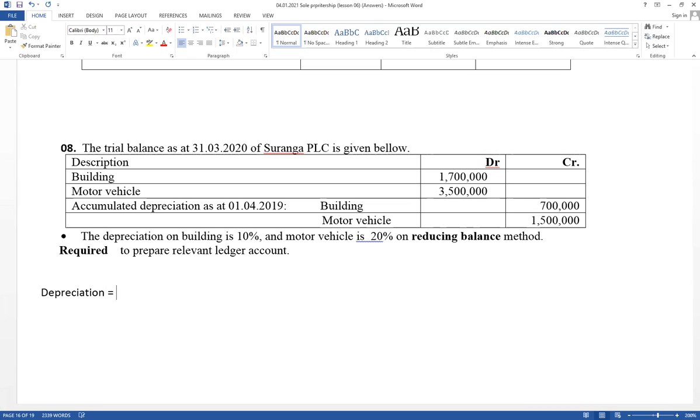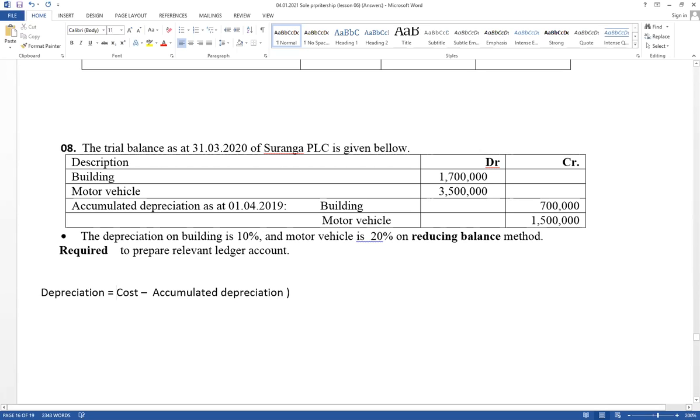That is the straight line basis. For the reducing balance method, it is cost minus accumulated depreciation, then times the percentage.